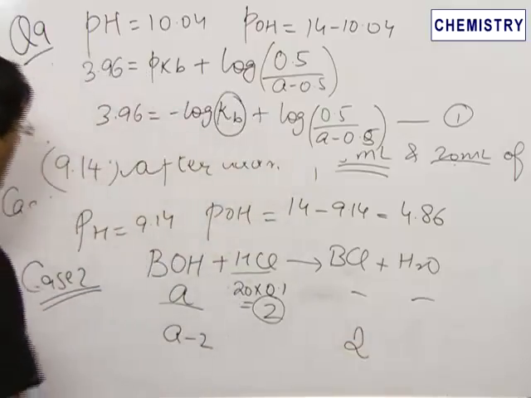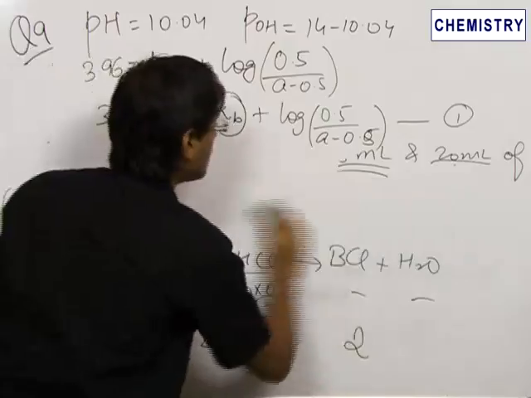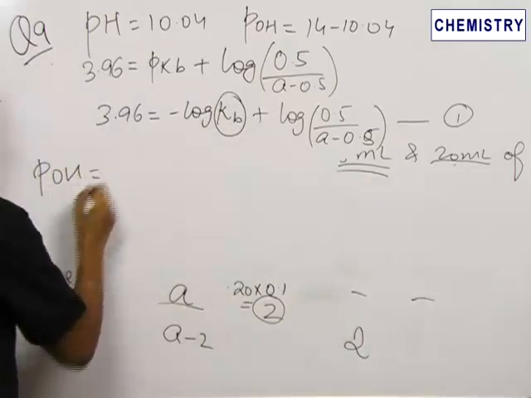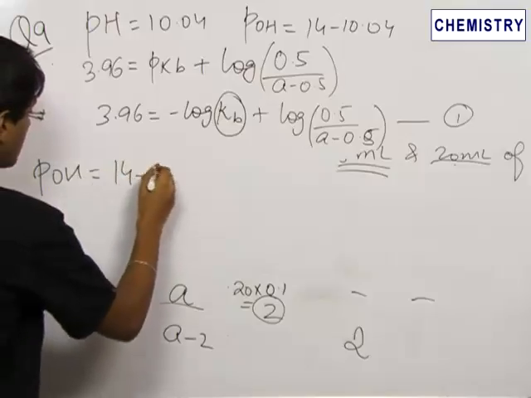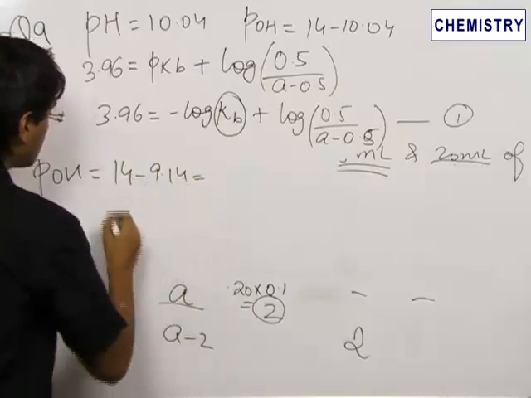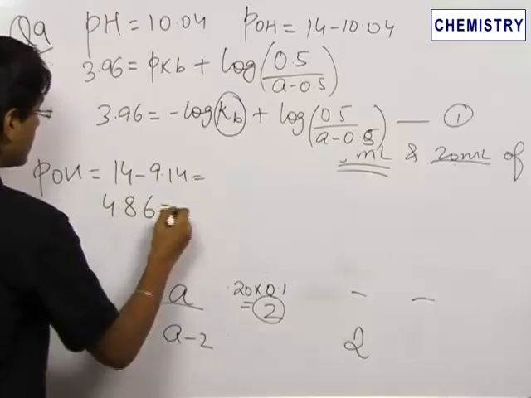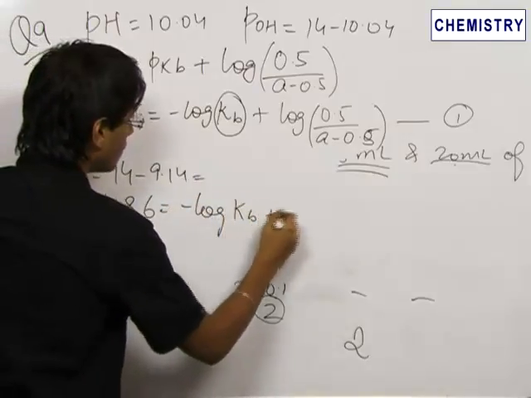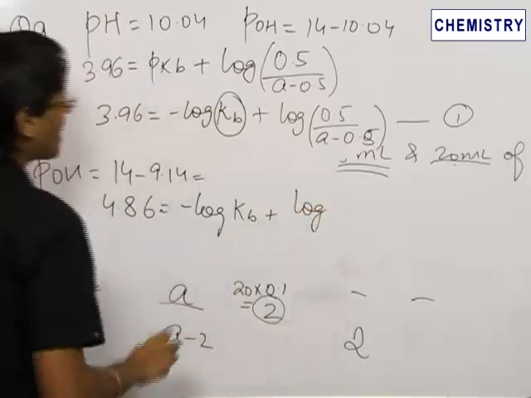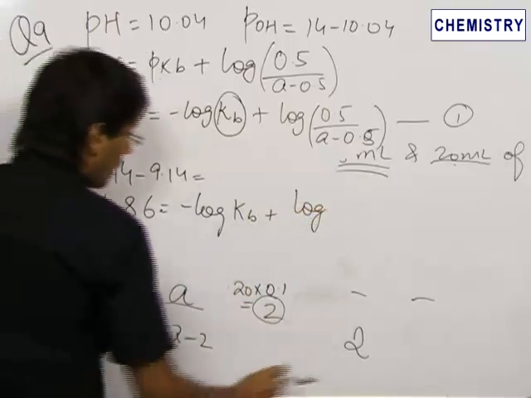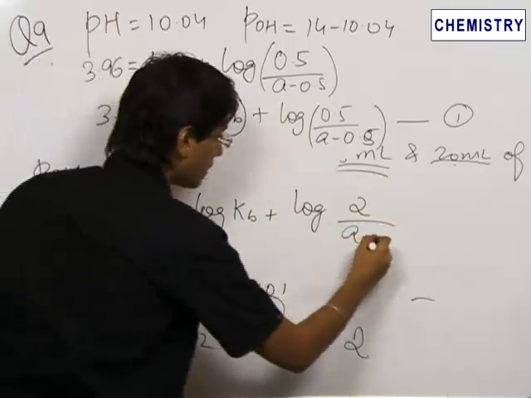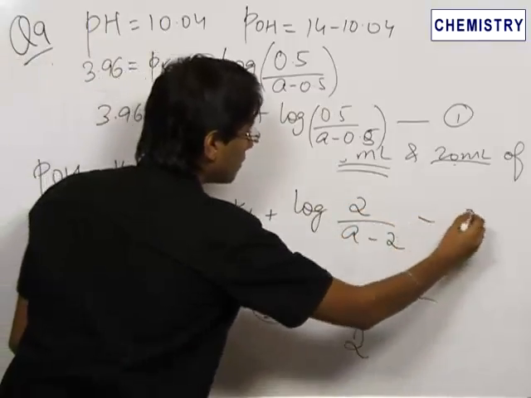So again we can apply the buffer equation: pOH, which we found out to be equal to 14 minus 9.14, that is 4.86, is equal to pKb, which is equal to minus log Kb, plus log of, again, salt upon base. Our salt over here is 2 and our base is A minus 2.